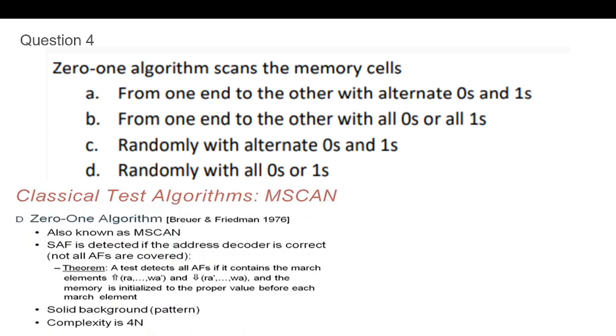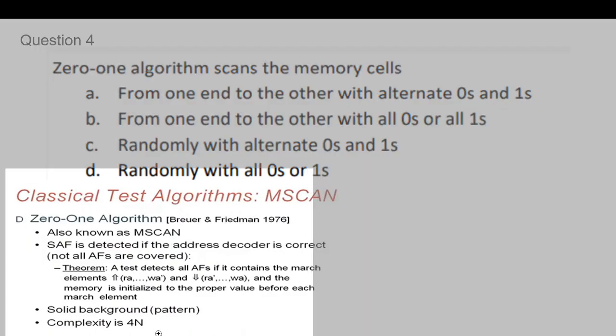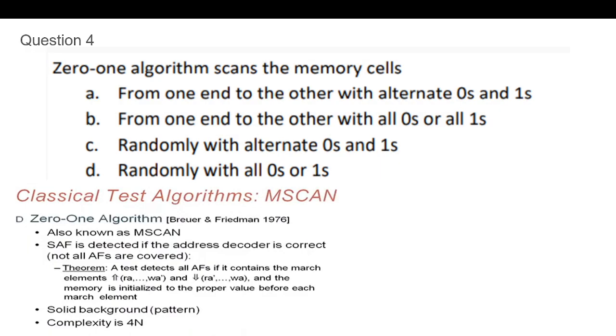So if we see, it's like writing first all zeros and then all ones. It's not alternating, neither random. It's all 0, all 1. Option B is the correct answer.